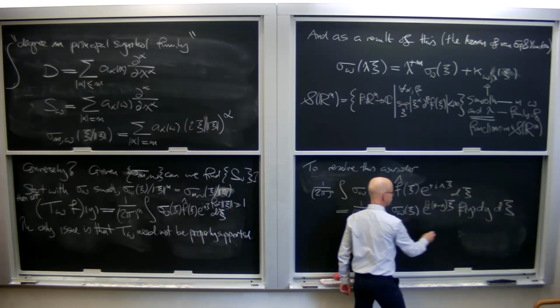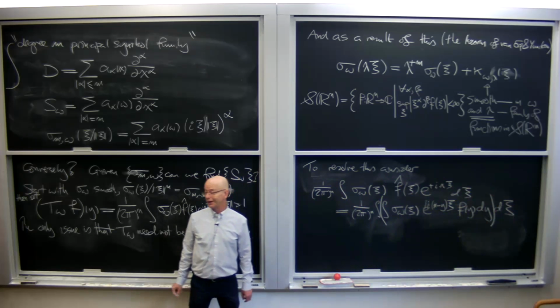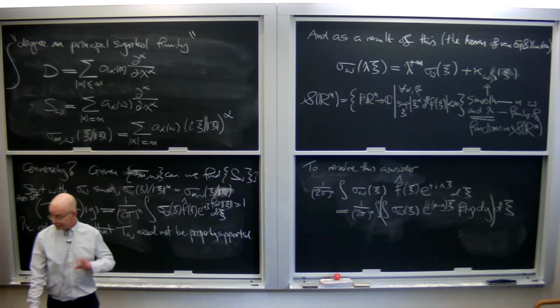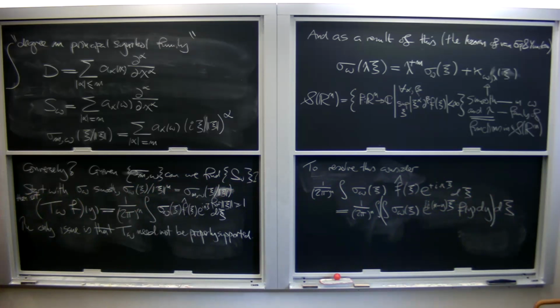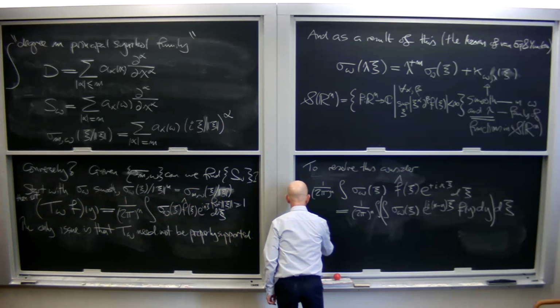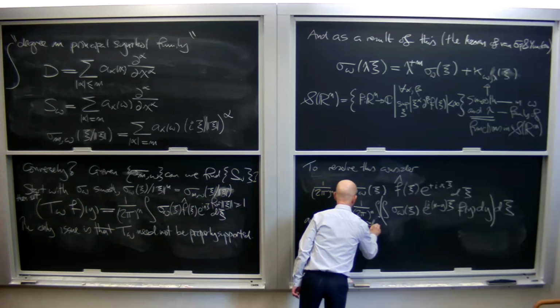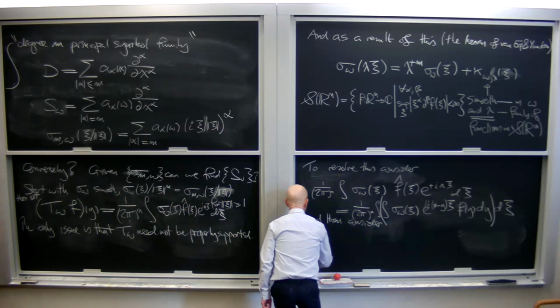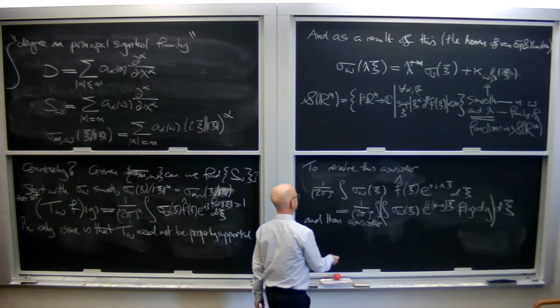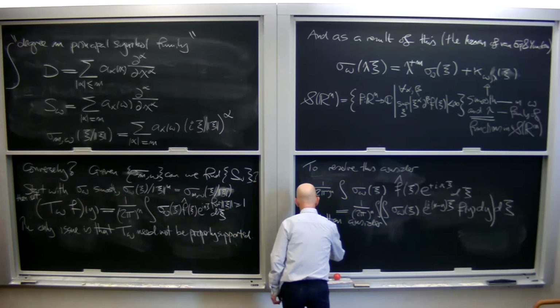There's nothing wrong with this y integral. And there's nothing wrong after you've done the y integral with doing the xi integral. But if you do them in the other order, you get into trouble. So this tells you what to do, I would say. We want to define operators S omega.